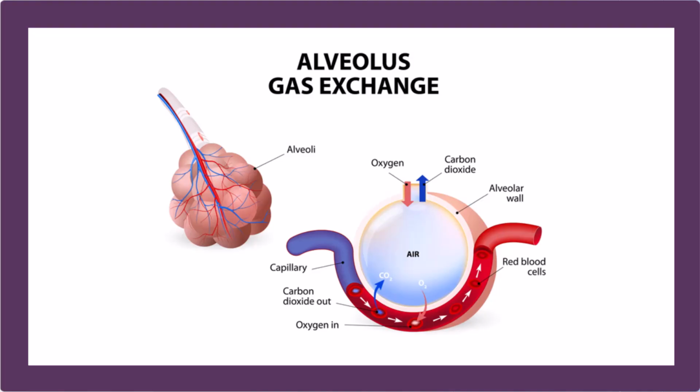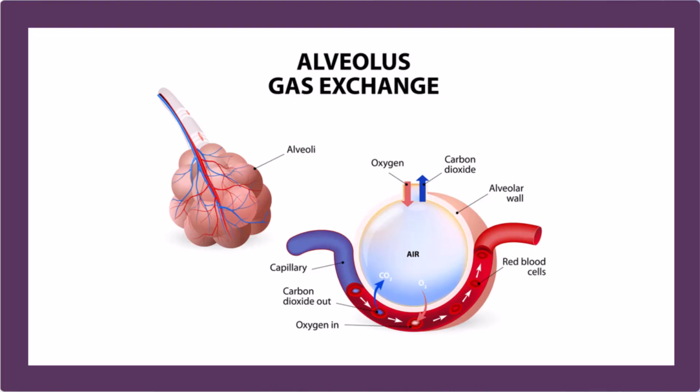Oxygen from the air inside the alveoli diffuses across the thin alveolar membrane and enters the blood within the pulmonary capillaries. At the same time, carbon dioxide diffuses out of the blood and into the alveoli so it can be exhaled. This movement happens through a process called diffusion, which simply means molecules move from areas of higher concentration to areas of lower concentration.